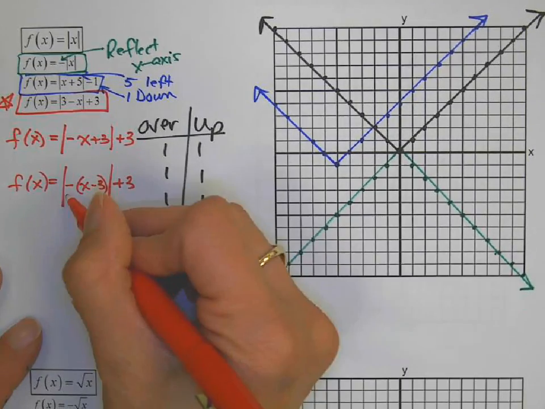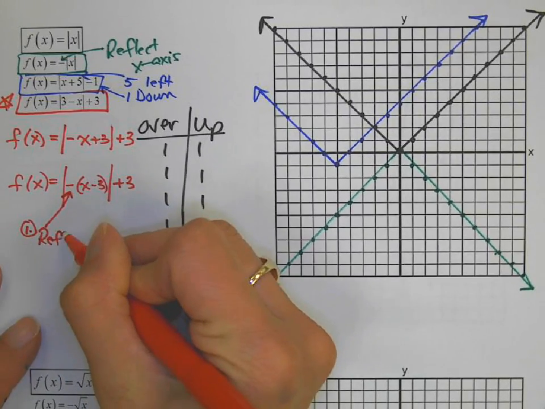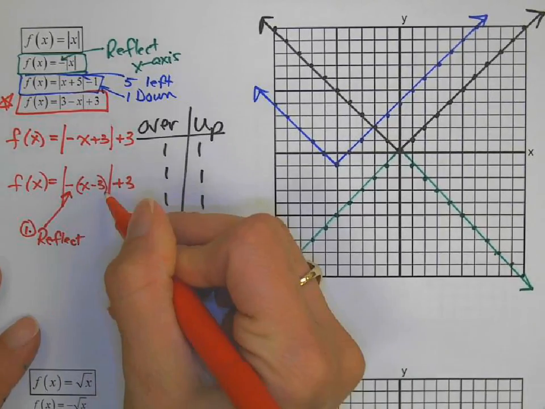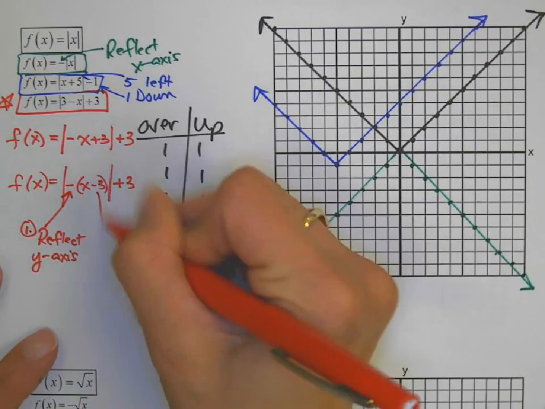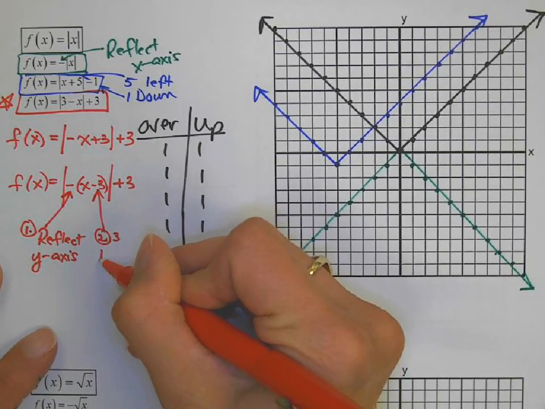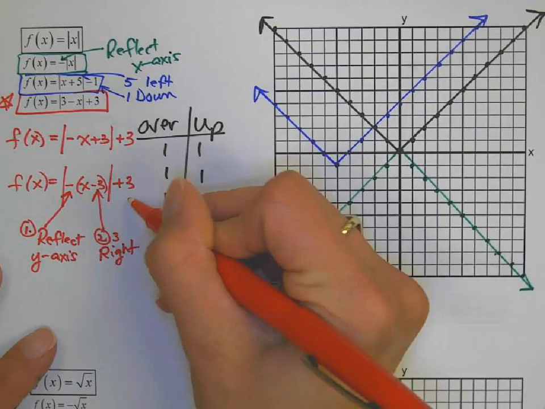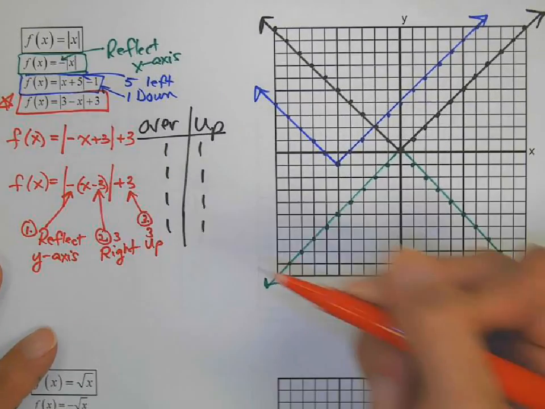And we have to do these in order. So step 1, the first thing I see is a reflection, and this is inside the function, so that's going to be the y-axis. Step 2, we're going to shift 3 units to the right, and step 3, we're going to shift 3 units up.